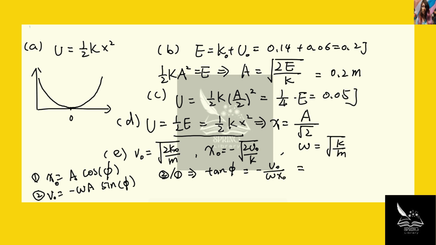Plugging in the expressions here and here, it's simply the square root of K naught over U naught, the initial kinetic energy over the initial potential energy. And this is equal to the square root of 0.429. So tangent phi is equal to this number, and phi is equal to 3.72 radians.